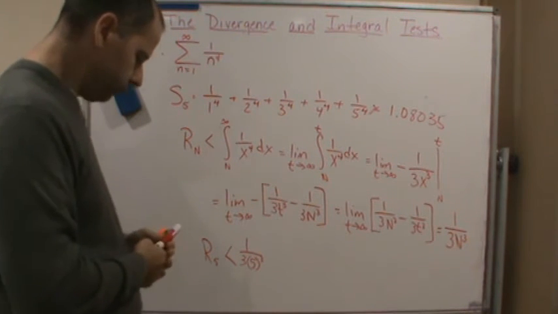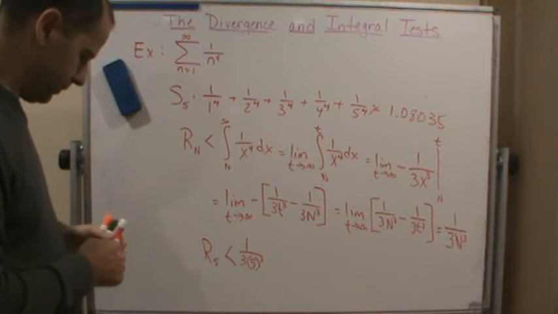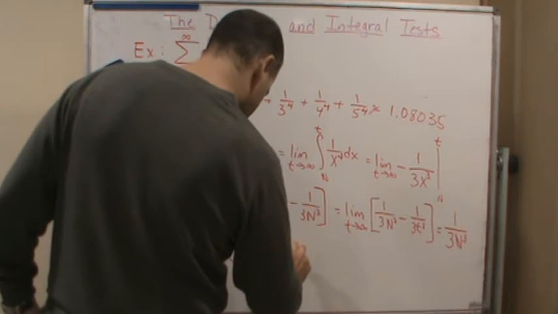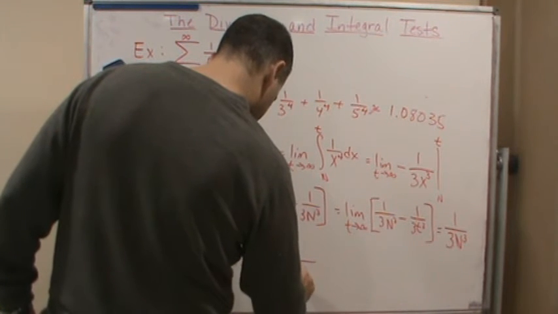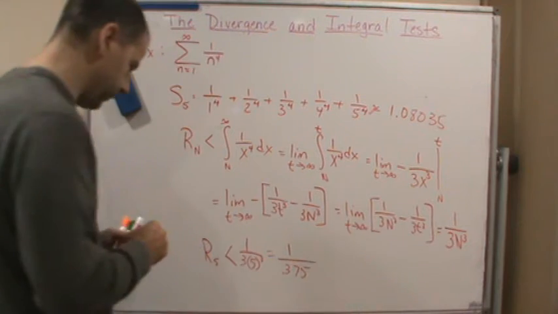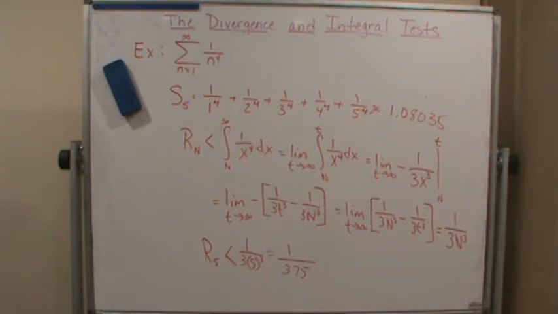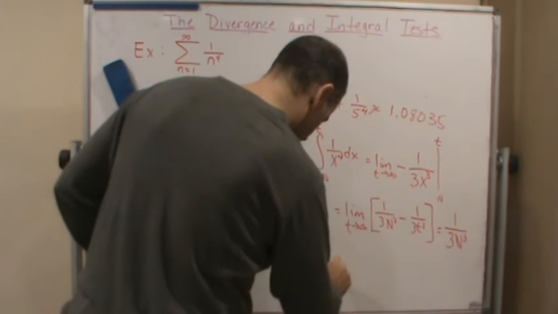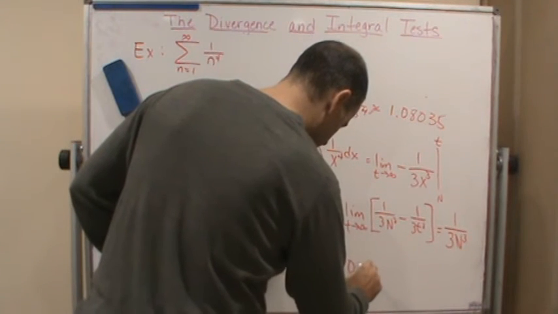So now, what do we get here? So this is equal to 1 over 375. And so, what do we get? We get 0.0026 repeating.